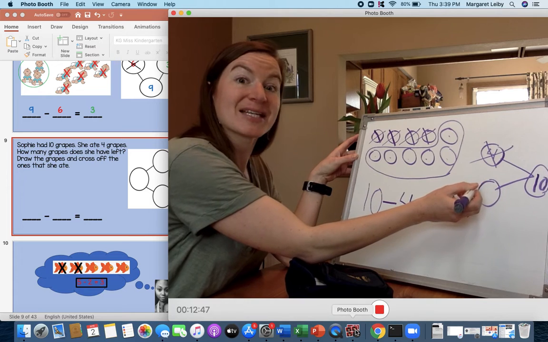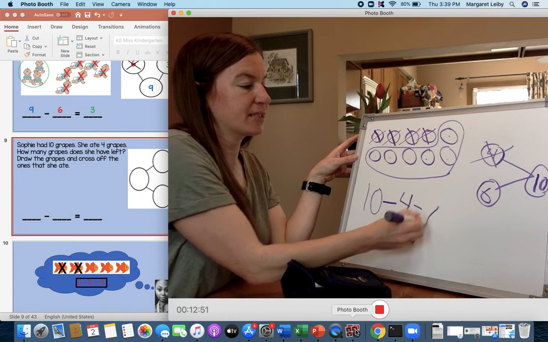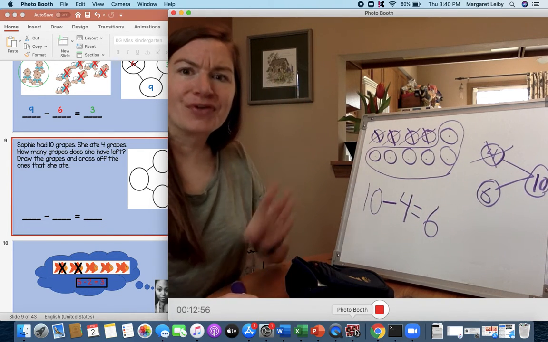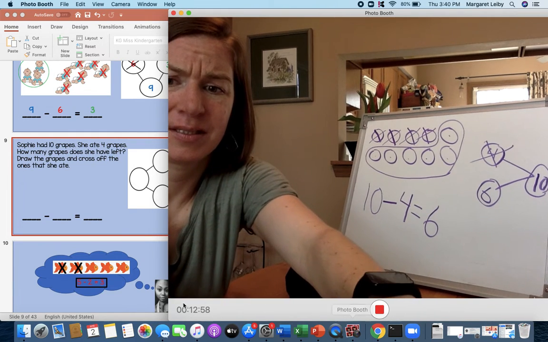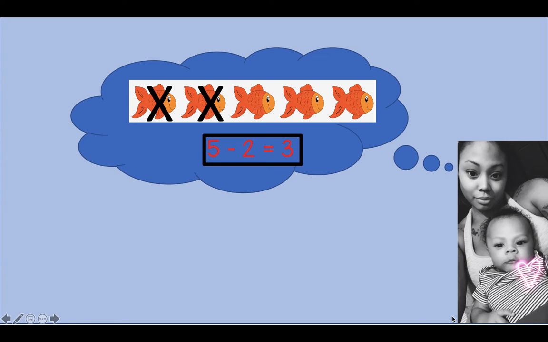So my part that's left is 6. So 10 minus 4 equals 6. Fabulous work. So Ms. Jameson just wanted to remind us that when we are doing subtraction problems, make sure you're thinking about what is the whole, and then you're subtracting that takeaway part, and then counting what's left to find the answer.